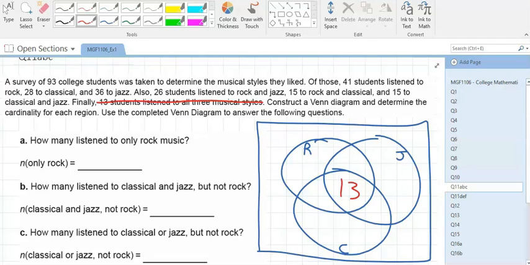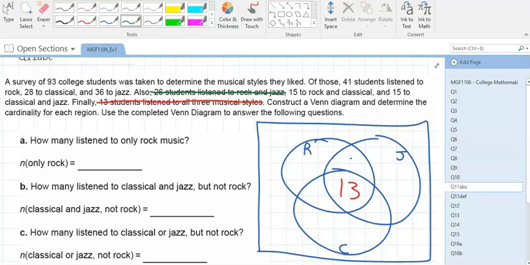So now we're going to start to work our way out. I'm pointing right here to that little square where I put the green mark. That's all about rock and jazz. What do we know about rock and jazz? There are 26 students. It's right here. Rock and jazz, there are 26 students.